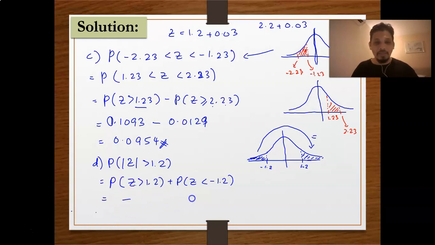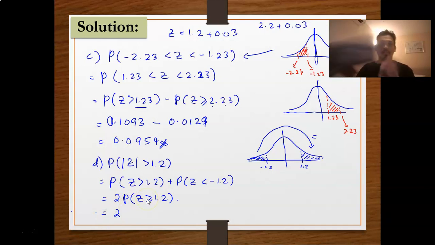The correct way of solving this is we just count this and this by doubling the probability of Z greater than or equal to 1.2. This area is equal to this area. So why don't we just find the area of this part and multiply by 2. So it is 2 times the probability of Z greater than 1.2.